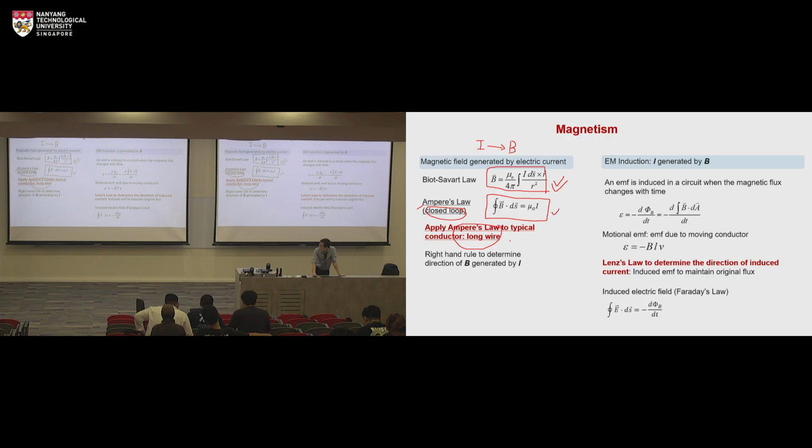And in addition to Ampere's law to determine the magnitude, equally important is to determine the direction. Now we have another type of right-hand rule: you align your thumb with the current I, and your forefinger will curl along the magnetic field B. So this is the second type of right-hand rule.